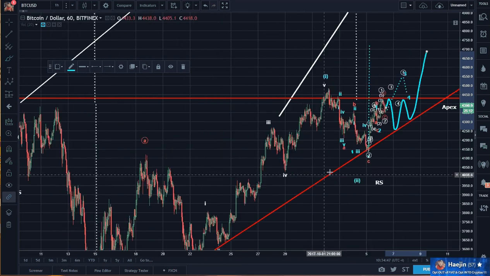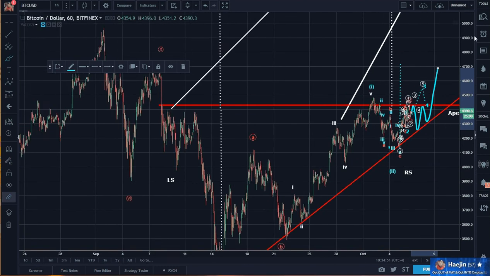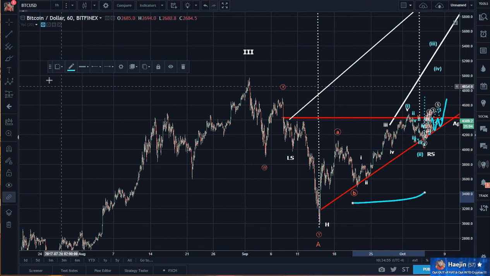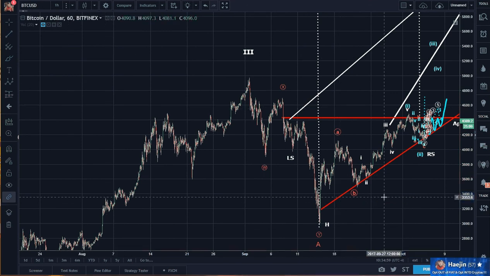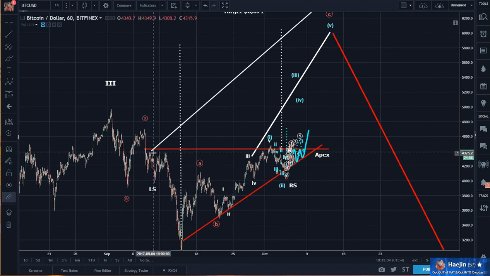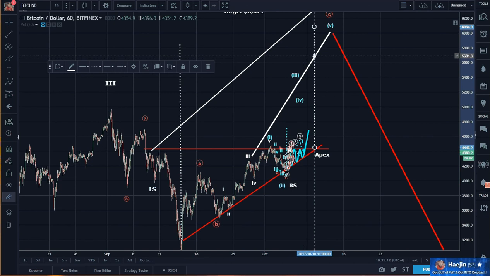If that's the case, then the minimum projection posted earlier for this ascending right triangle would come into play, where I draw the parallel line, except the apex is not there anymore, but rather here.